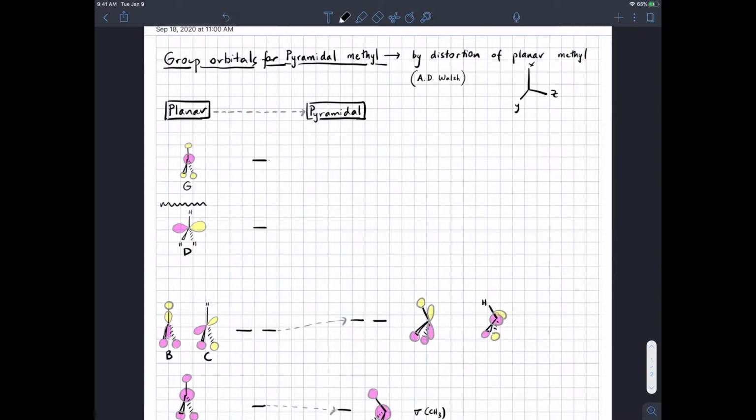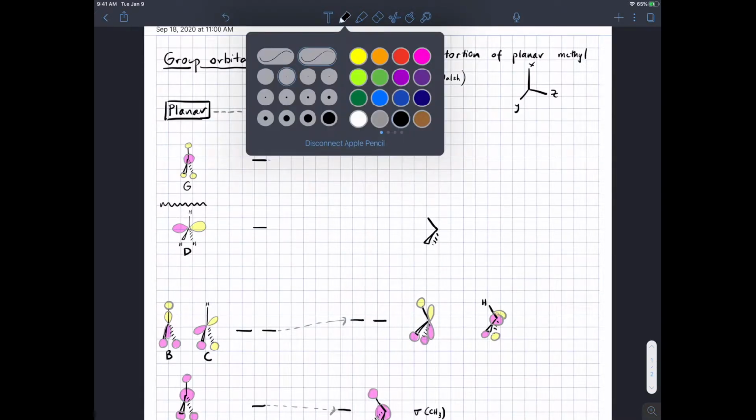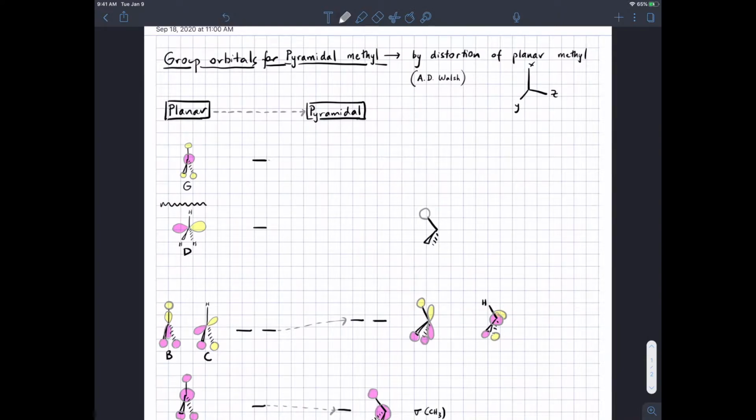But now we're going to pull them back, and now they're out of the node. Now all 3 can participate in that orbital.